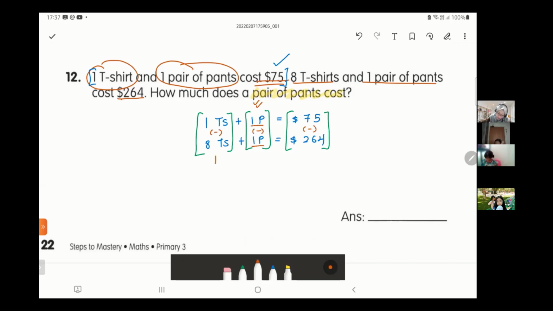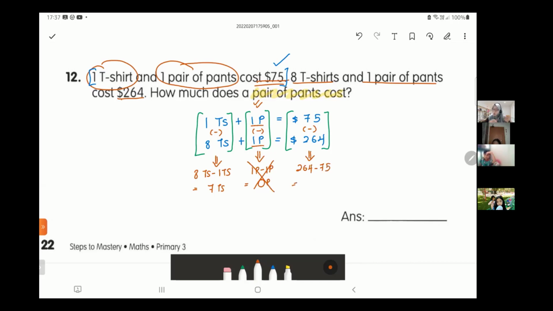It will be 8 t-shirts minus 1 t-shirt equals 7 t-shirts. If I minus 1 pants minus 1 pants equals 0 pants. No more pants, so I can cancel out. This one, I minus 264 minus 75.